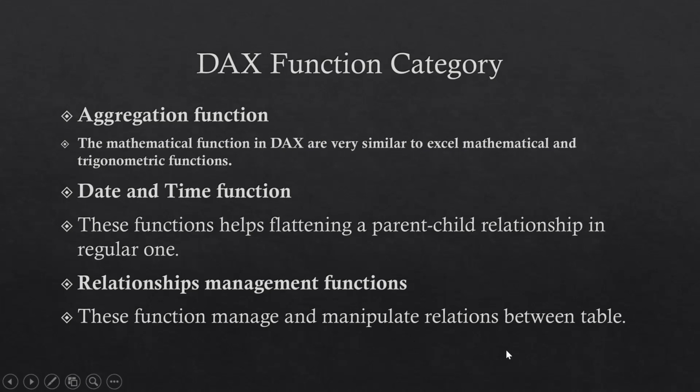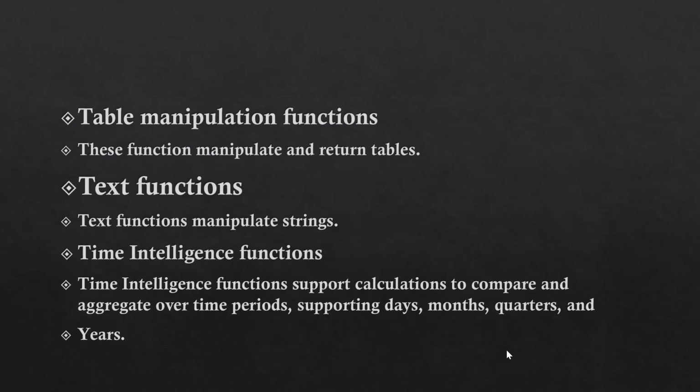We make relationships like one to one, one to many, many to many, and we manipulate them as per the data and the requirement, right? Table manipulation functions manipulate and return tables. After manipulation, they obviously return a table. Text functions manipulate strings, like upper and lower. If I want capital letters, we go for upper.